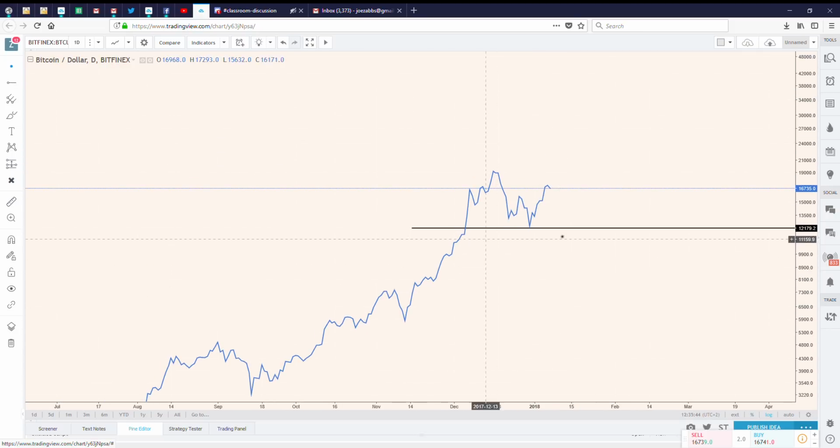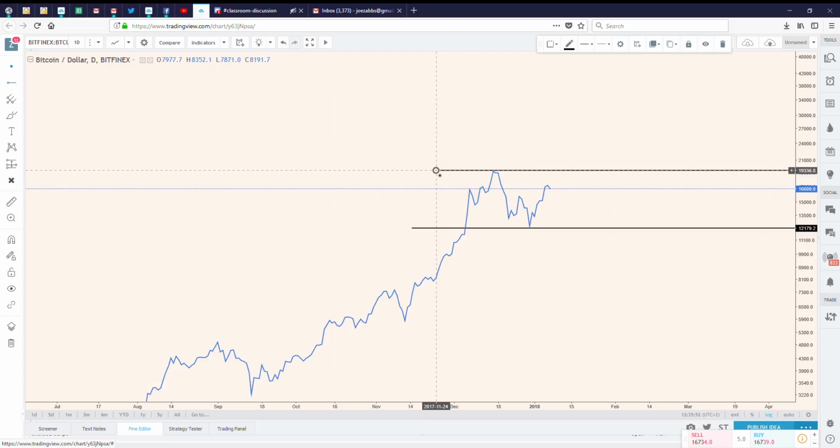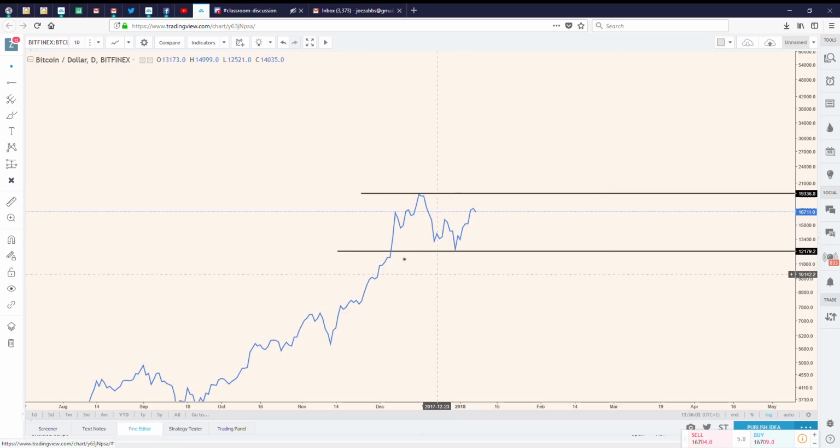I like marking out the low ranges and the high ranges and anywhere where price actually seems to react quite a lot. Any area where price reacts a lot on a chart would be seen as a strong resistance or a strong support, especially on higher time frames, like on a daily, a 12-hour, 8-hour, or 6-hour.